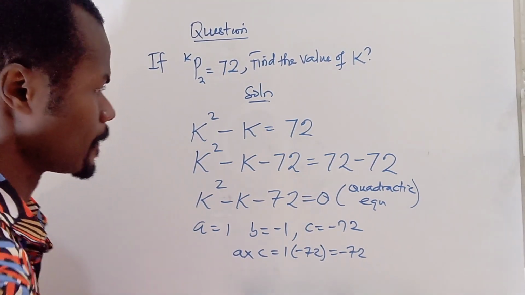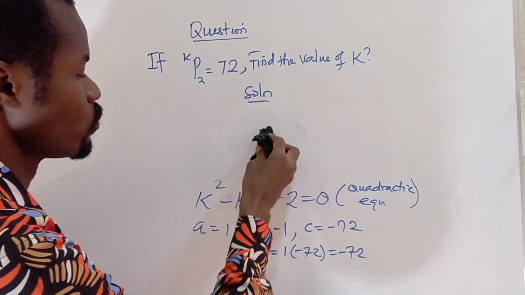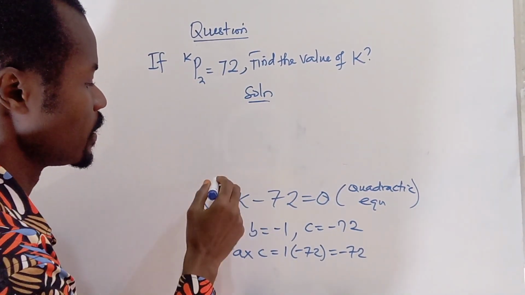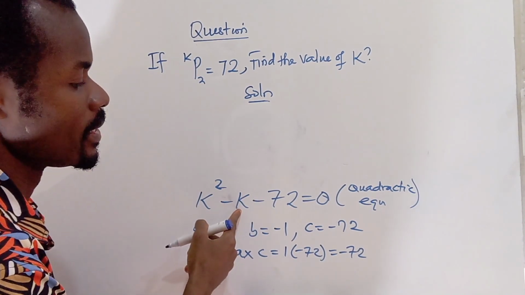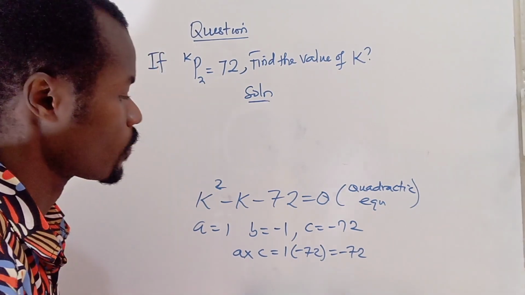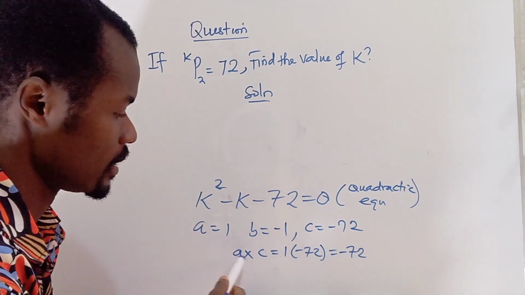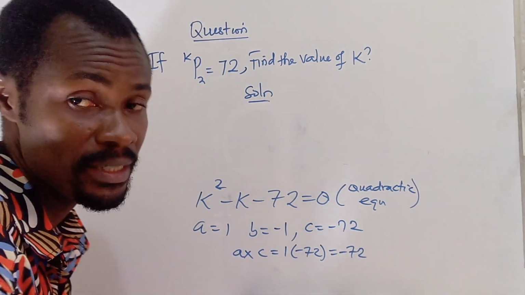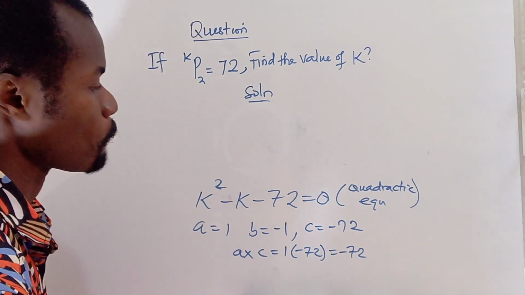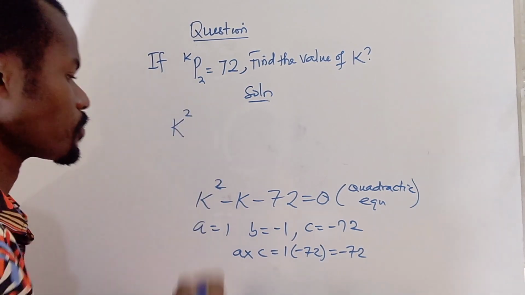Having gotten that, we now have to solve the quadratic equation in such a way that our minus k is represented with 2 factors, and the factors must come from a multiplied by c, which we have as minus 72. Now, we have k squared.